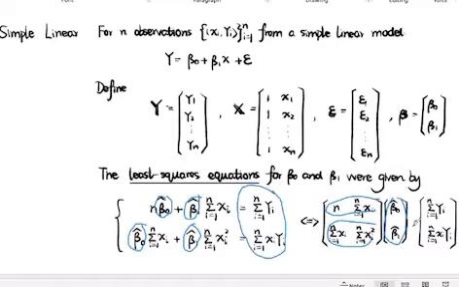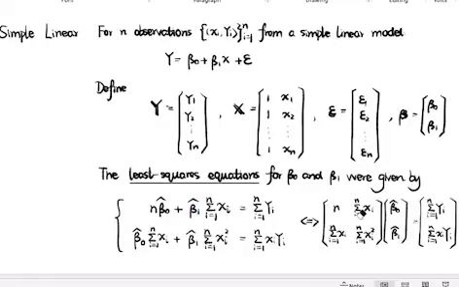You can put that in matrix form, and that's why you have this. Is there any question about that? So what you're actually seeing now is this is the same thing as these two equations.